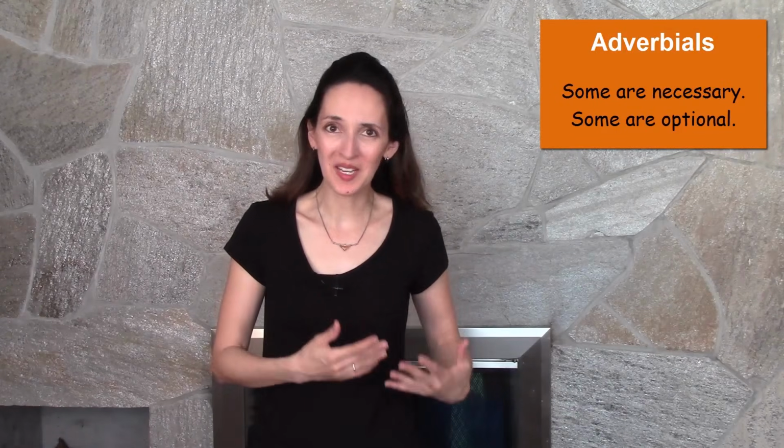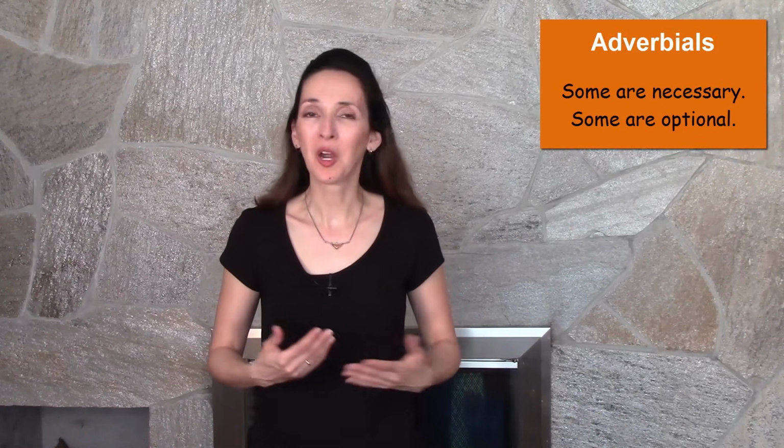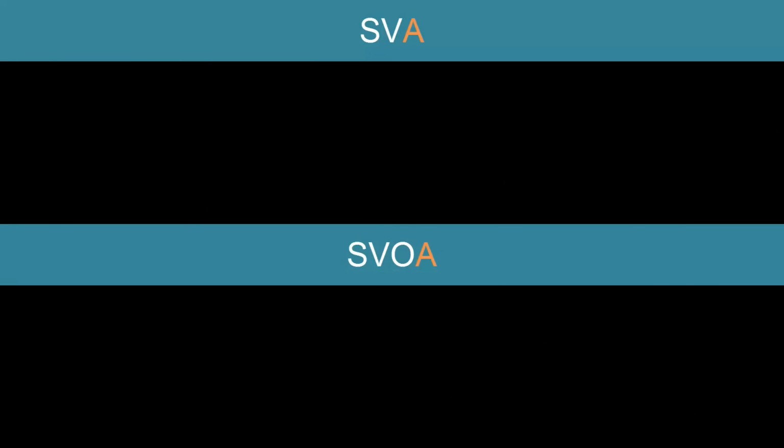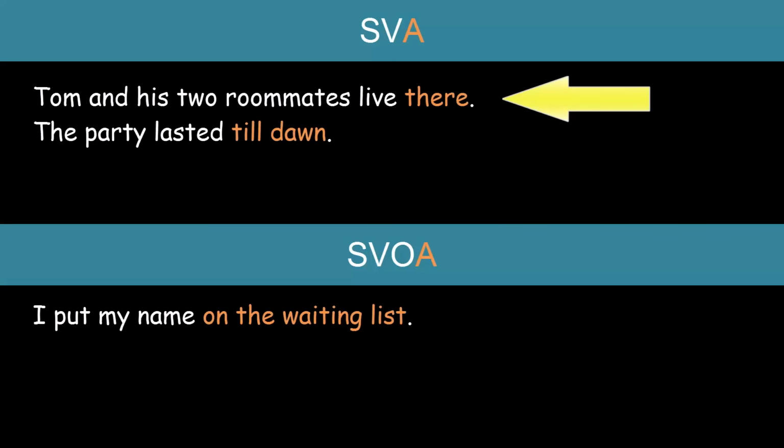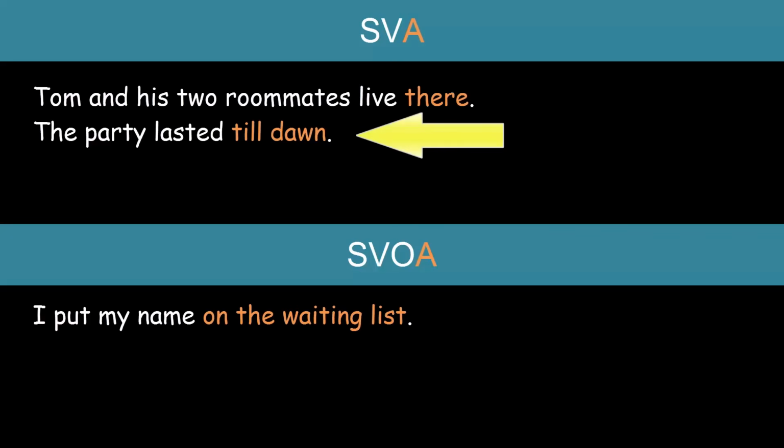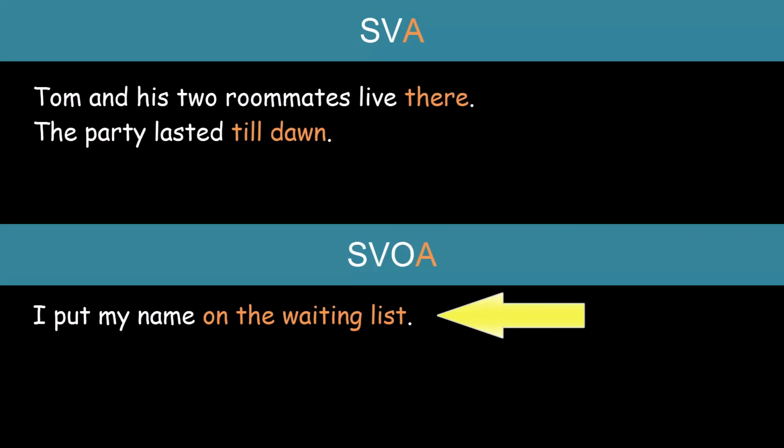What I understand is that some adverbials are necessary and some are optional. Let's look at some examples. Tom and his 2 roommates lived there. The party lasted till dawn. I put my name on the waiting list. Would these sentences make sense if we took out the adverbials?